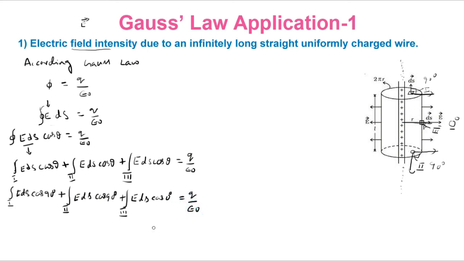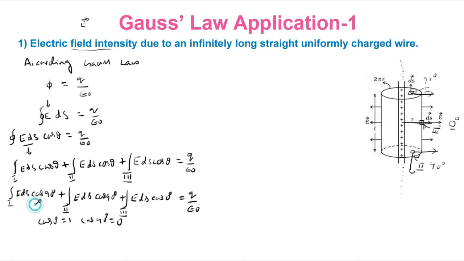Clear? Now you know the values of sine and cosine: cos 0 degree is 1, and cos 90 degree is 0.